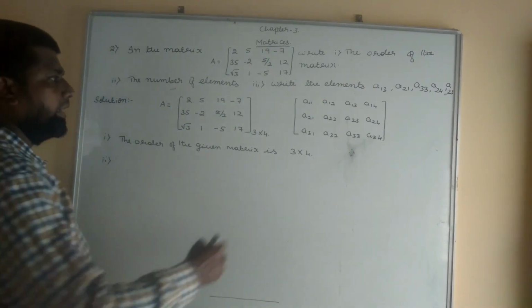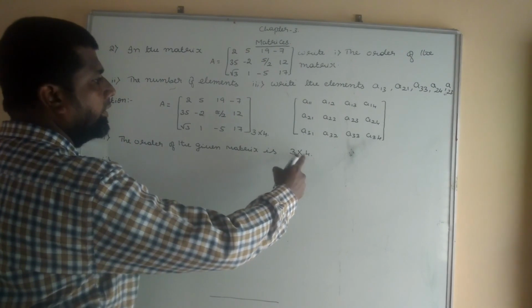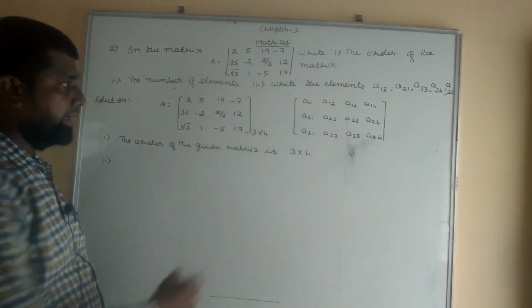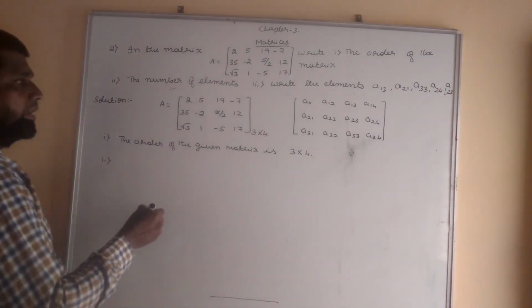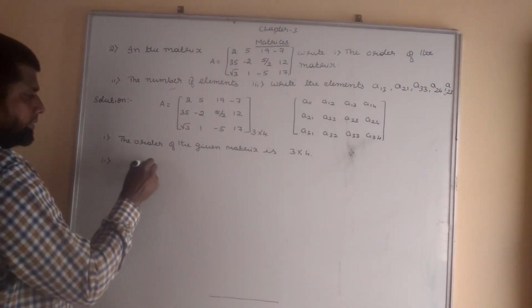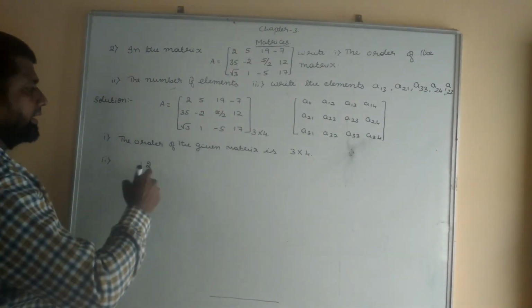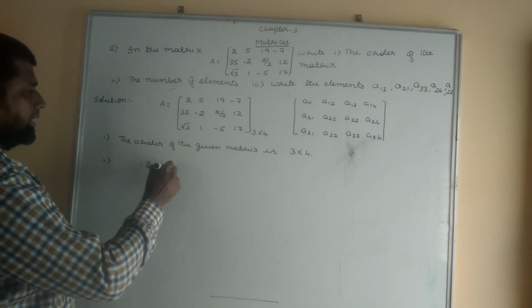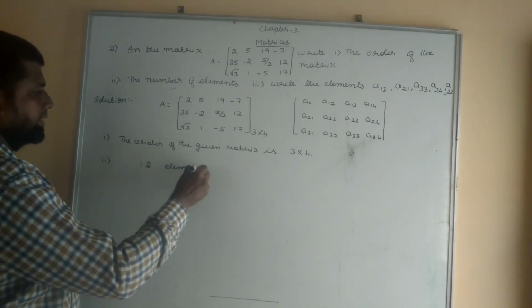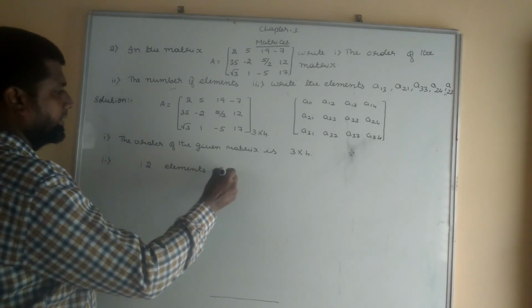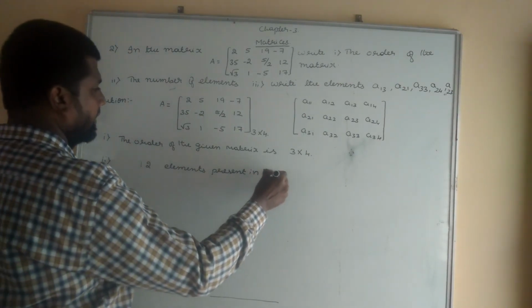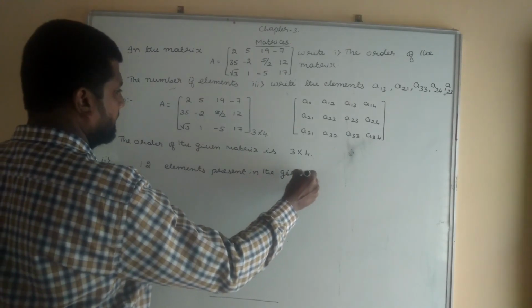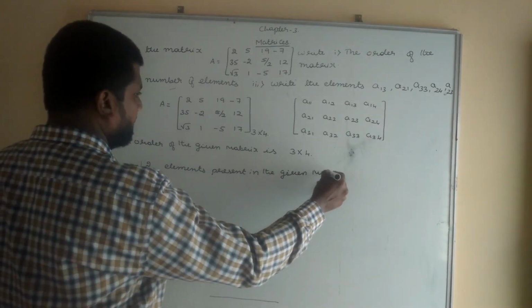It is easy. If you multiply the order, we will get the elements. So 3 into 4 is 12. So from this order we can write that 12 elements are present in the given matrix.